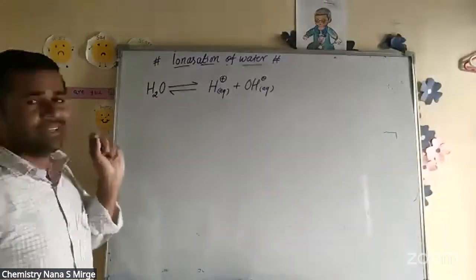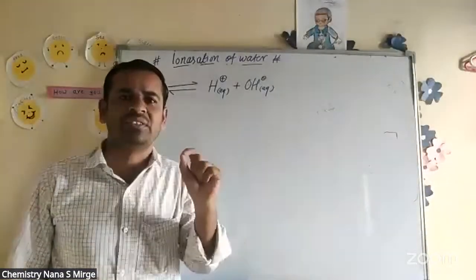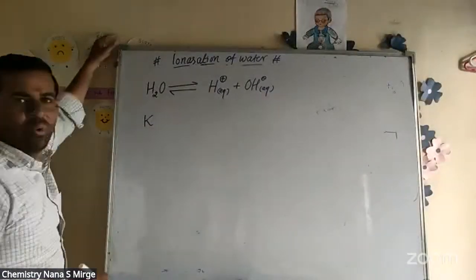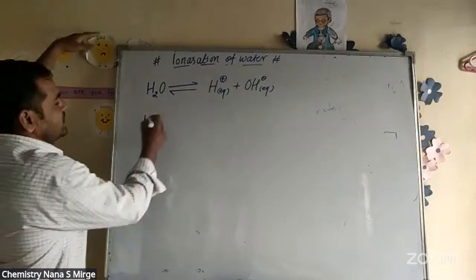By the concept of dissociation, we have the dissociation constant K. How can you write the equation for the dissociation constant?